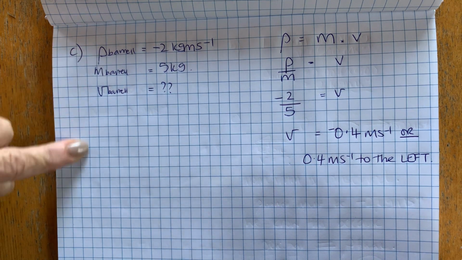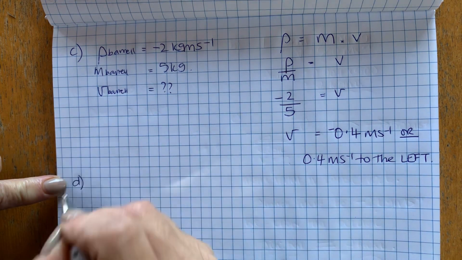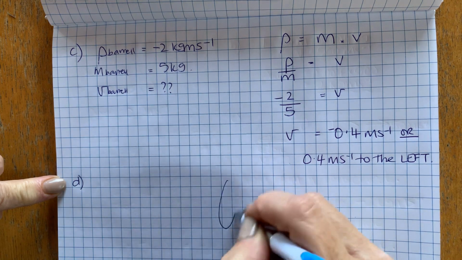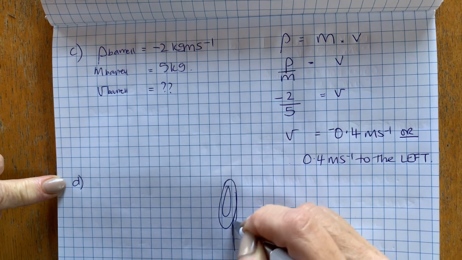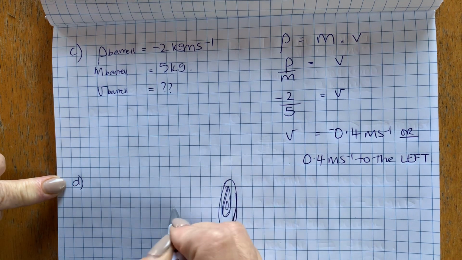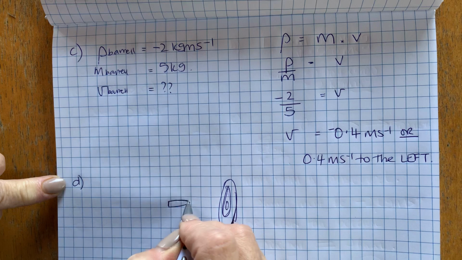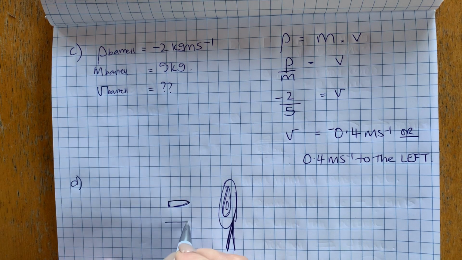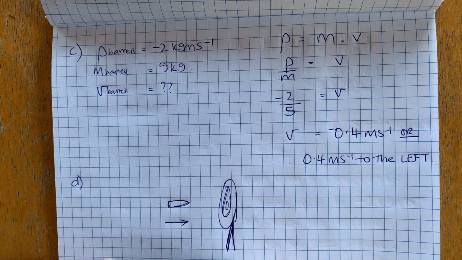Good. Okay, part D is asking us, alright, so now we have a target and we've got the bullet coming towards the target. So what's going to happen is that the bullet is going in this direction. The target initially is stationary, and then when the bullet hits, the target is going to go back as well.